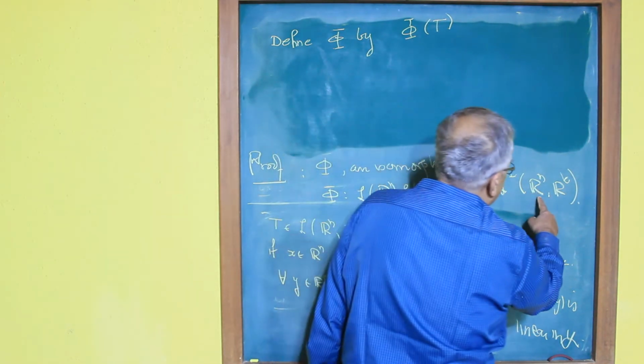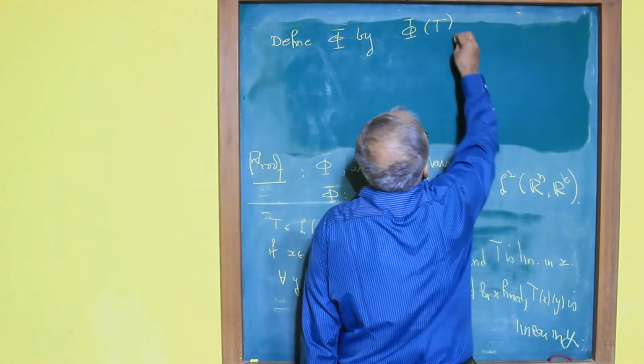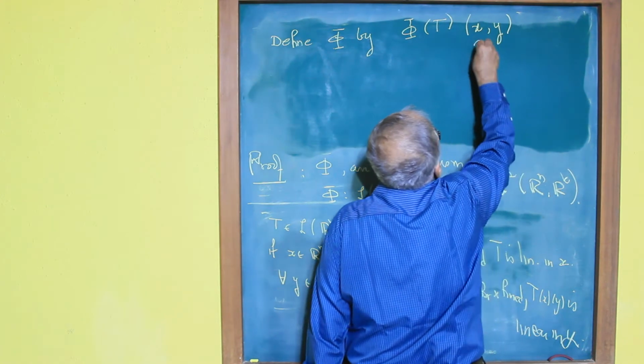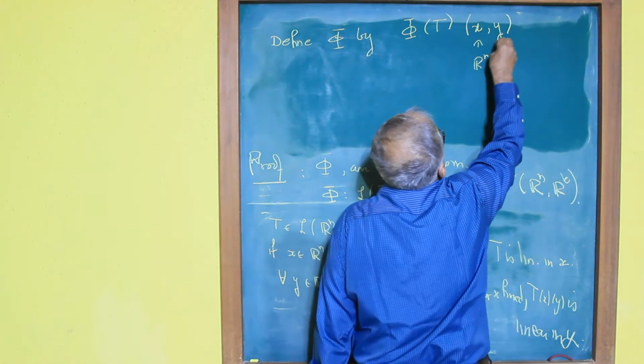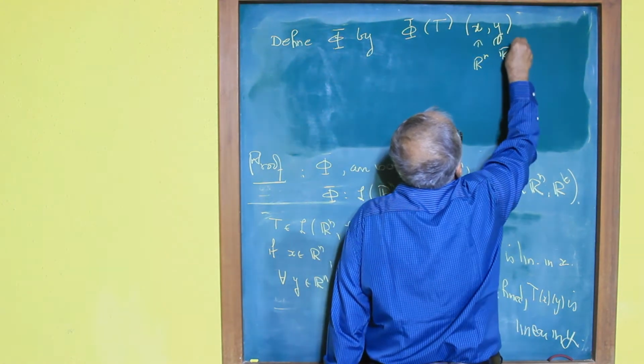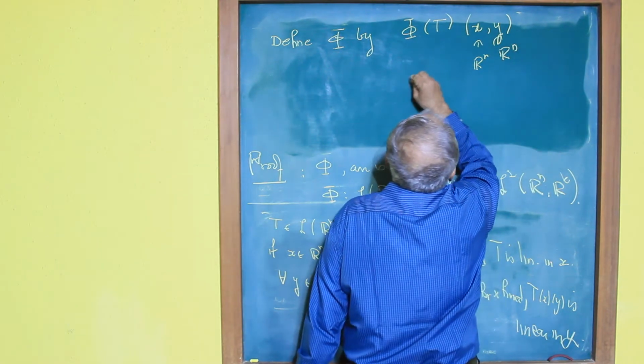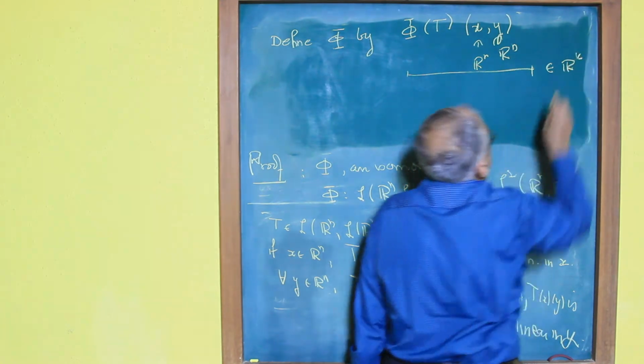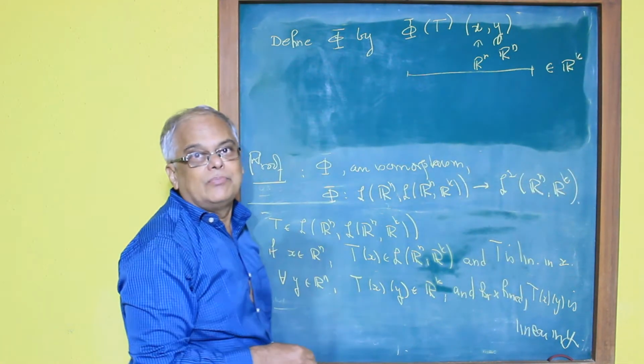So it should tell you what to do at two components in Rn, x comma y, and the whole thing should be in Rk.